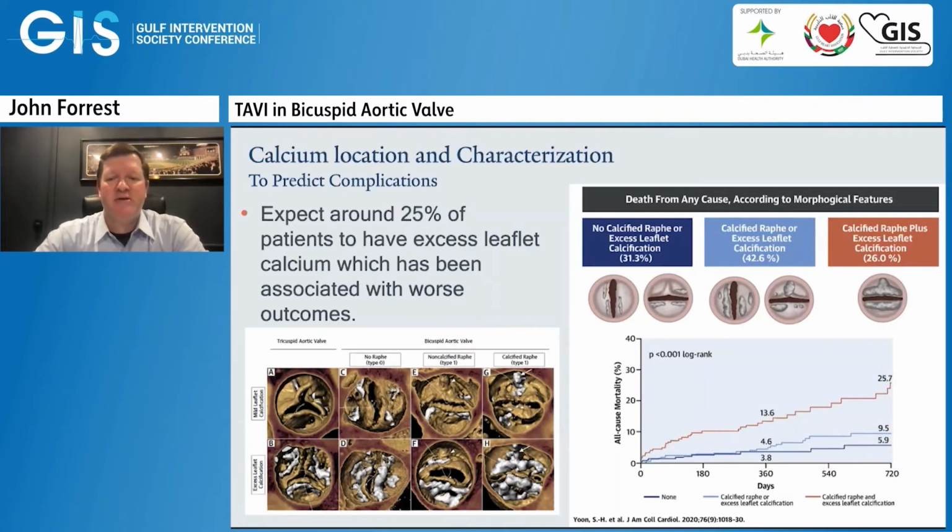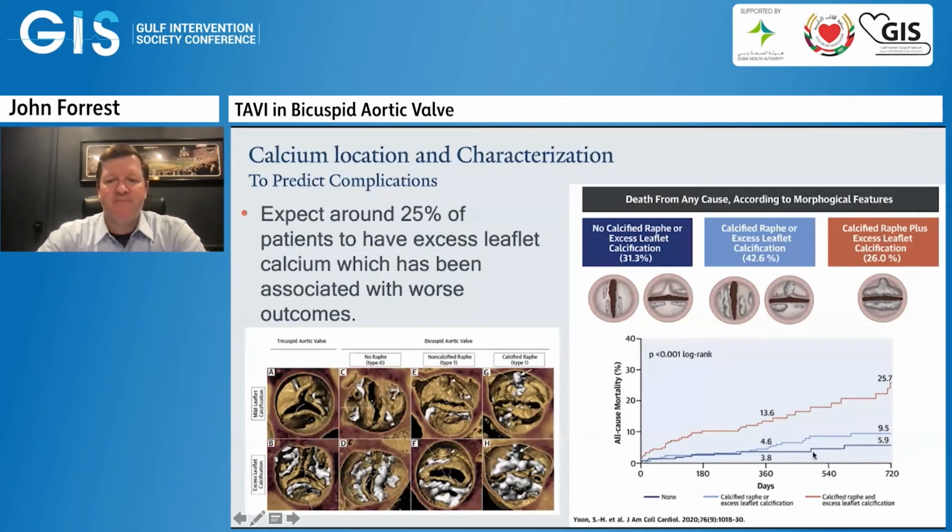And so if you break patients down by their calcification when they have bicuspid valves, so if you break them down to look at the patients who have either excess calcium, a calcified raphe or excess leaflet calcium, or not a significant amount of calcification, what you'll see is that there's a significant difference in all-cause mortality out to several years.